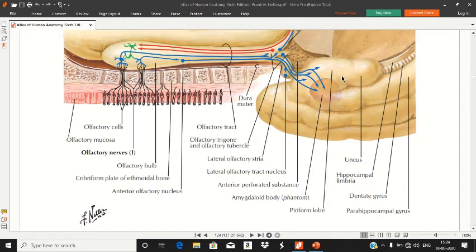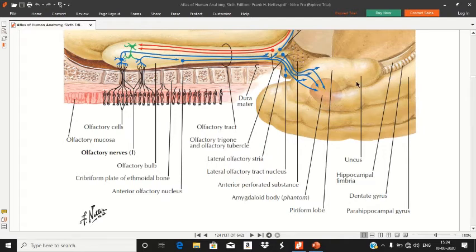So the prepiriform region, periamygdaloid region, and entorhinal area are collectively known as the piriform lobe. What do we mean by the piriform lobe? The prepiriform region, periamygdaloid region, and the entorhinal area are collectively known as the piriform lobe, which is represented externally by the uncus.